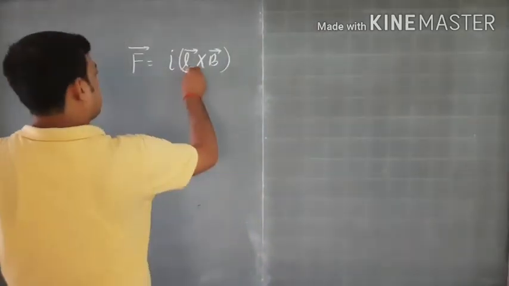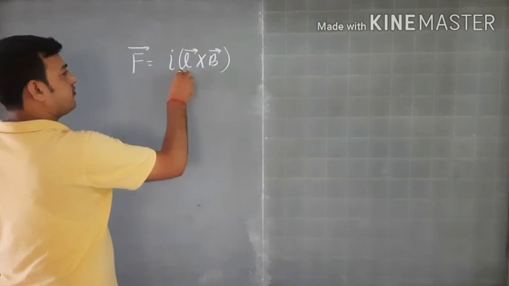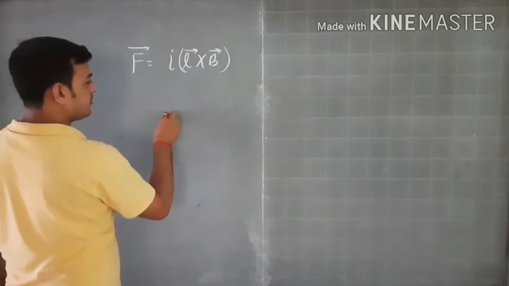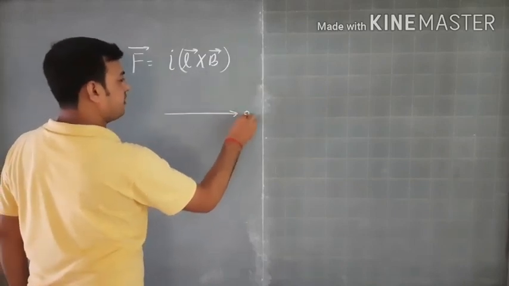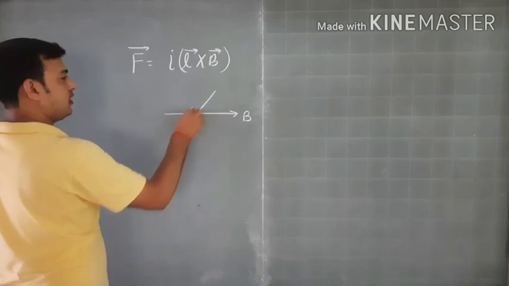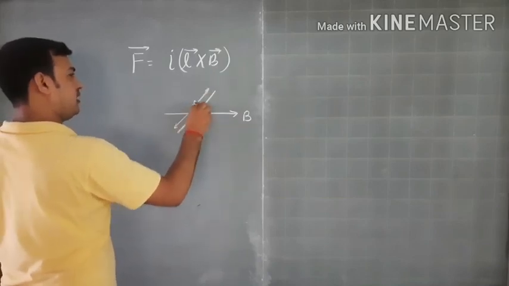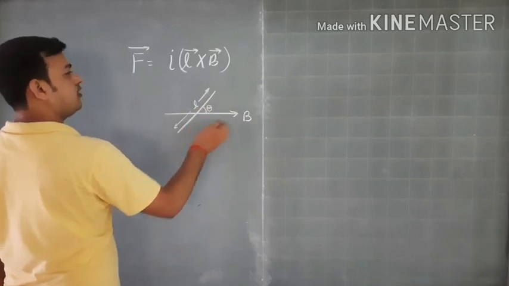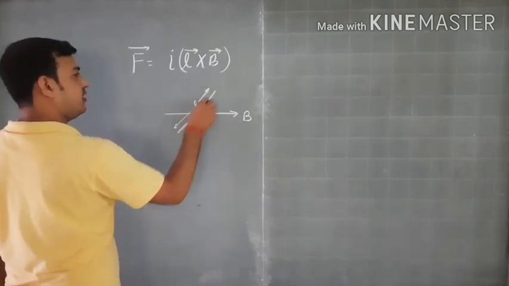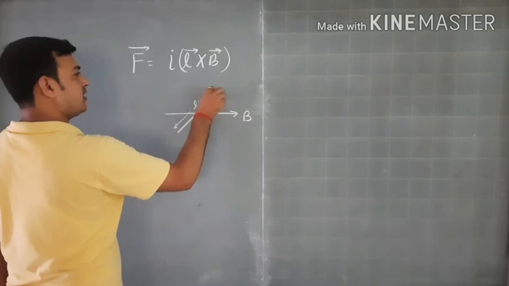Now there are some important conditions here. For example, say this is the direction of magnetic field, and the wire of length L is making an angle theta with the direction of magnetic field, and this is the direction of current.